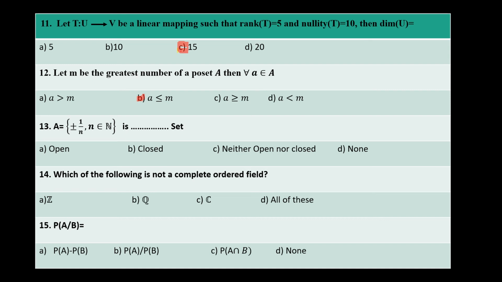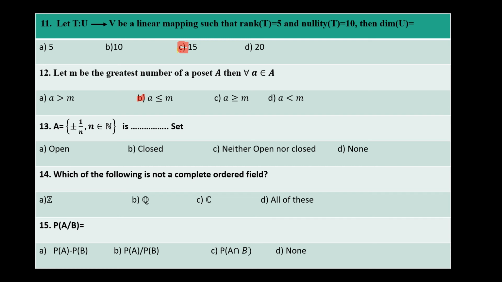For an open set, we know that if we draw an open ball about any point, then at least one ball must exist such that it is contained in the set completely. But here you can see that if we draw a ball of radius 1 by n plus 1 about any of the numbers, then that will not be contained in A. So that's why this is not an open set.